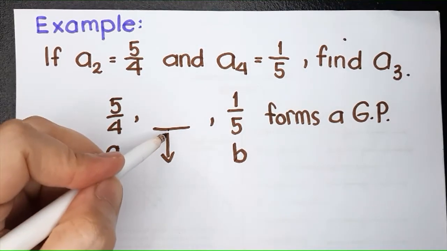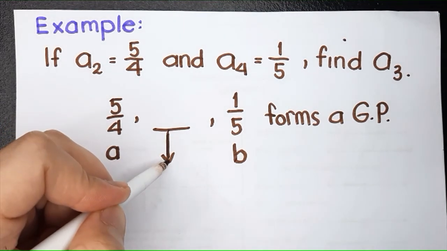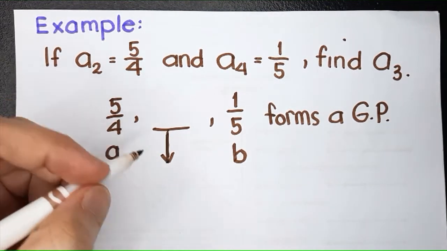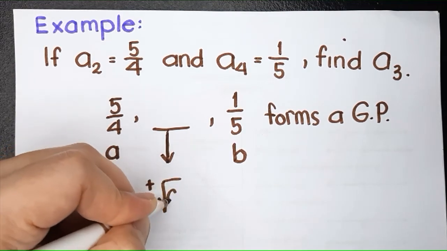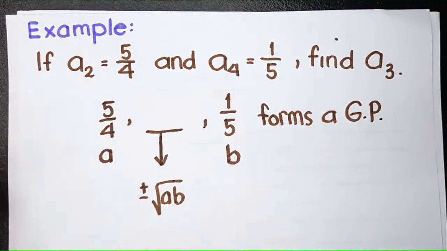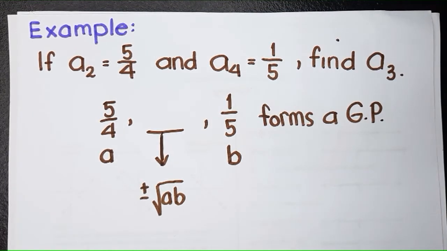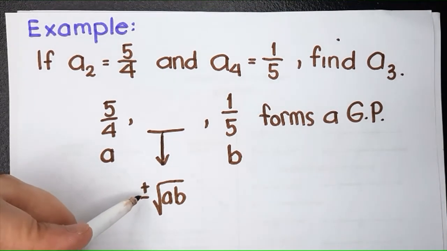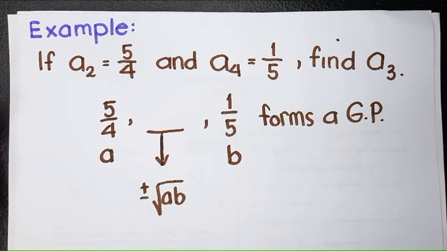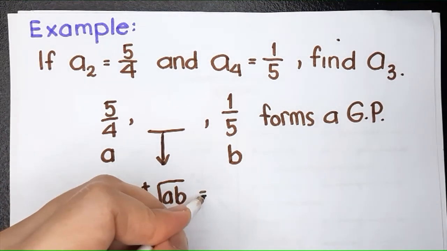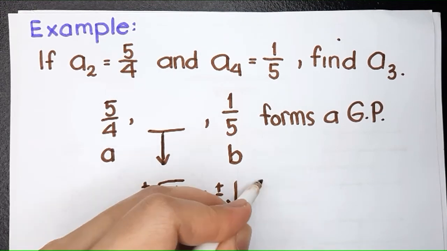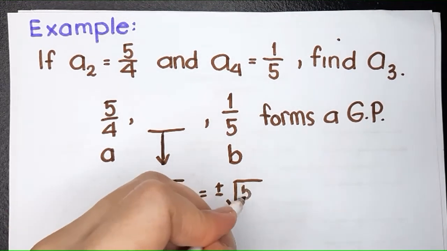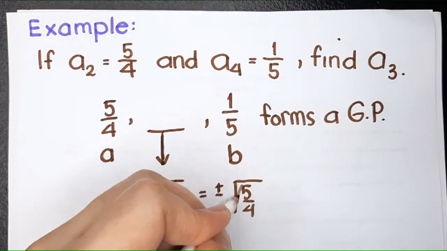So, to find this term, the middle term, all you have to do is use this formula. The square root of A times B. Okay? Pwedeng positive, pwedeng negative. Alright? So, applying this formula, what do you get? You'll have positive, negative square root of, what is A? 5/4. What is B?